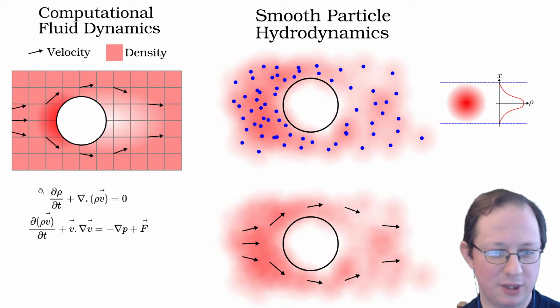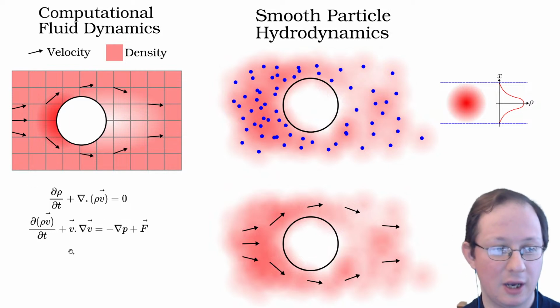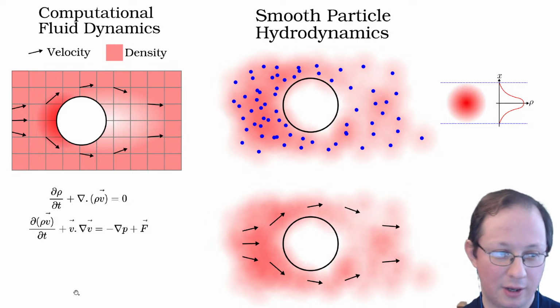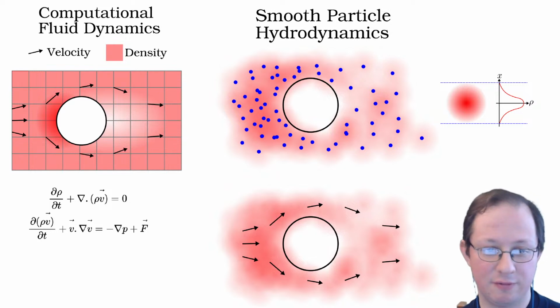The way you'd compute that is you would solve the Navier-Stokes equations, a bunch of differential equations, on a bunch of grid points. You'd compute, at the very least, the velocity and the density of the fluid, which changes.